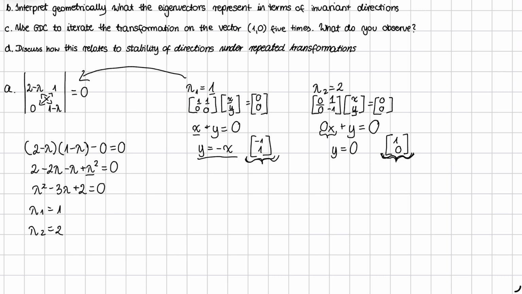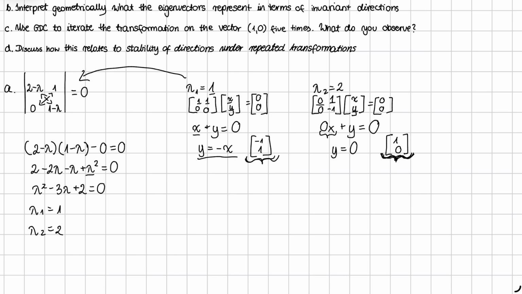So let's maybe start with this one. We have eigenvector 1 and 0. So this is basically an invariant direction scaled by factor 2.